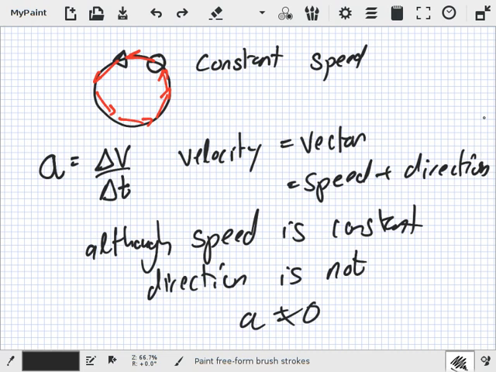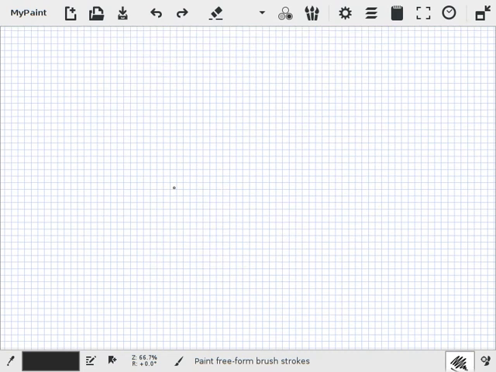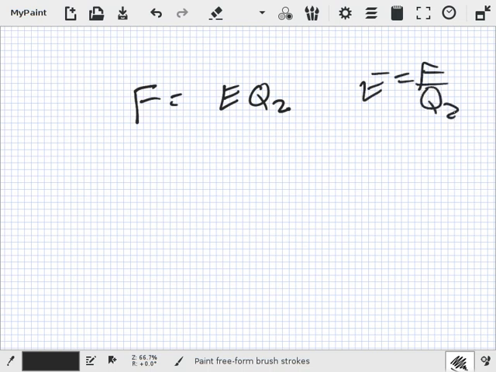Yeah? Is KQ1Q2 over R squared from the equation? The field equation. Look. You can say F equals E Q2, because you remember the formula for E is F over Q. And if you have 2 points, the formula for the electric field caused by one of the points is K Q1 over R squared, times Q2.